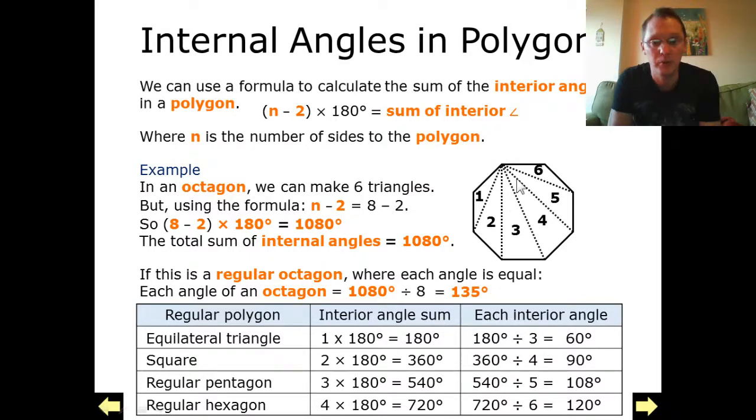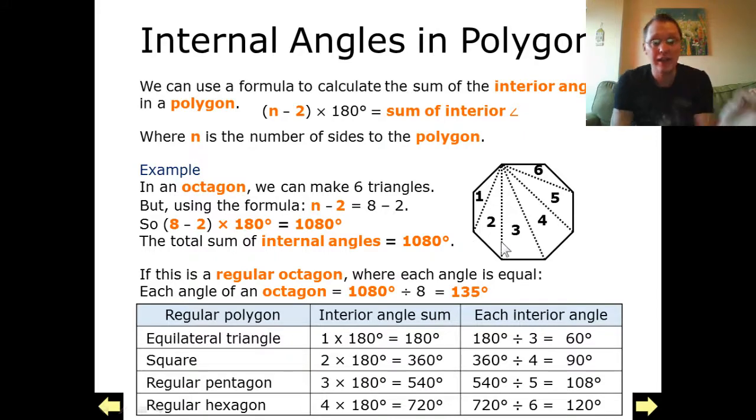So if I was to multiply 6 by 180, that would give me 1080 degrees as a total. But using the formula, n minus 2, so 8 sides minus 2, that gives me 6, which is the exact same number as the amount of triangles. 6 times 180, as we just said, the total sum of internal angles will be 1080 degrees.